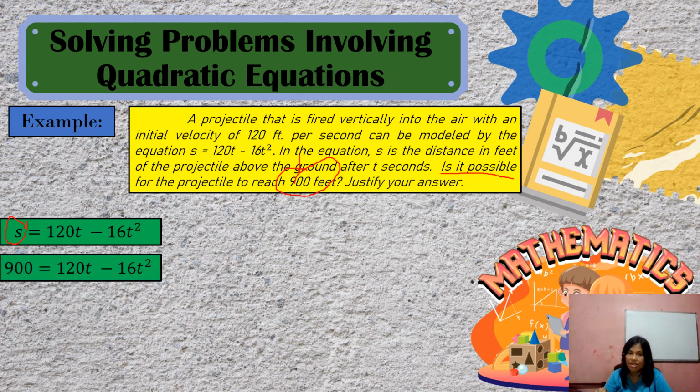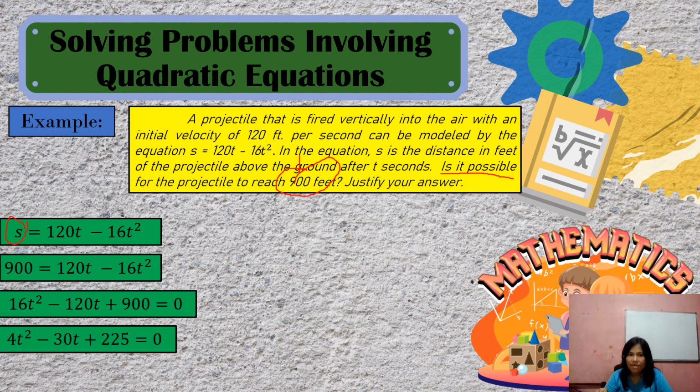We do the same thing to form the standard form. So standard form first, 16t squared. And is this also divisible? Let's see. Okay, it's also divisible by 4. So we have 4t squared minus 30t plus 225 equals 0.